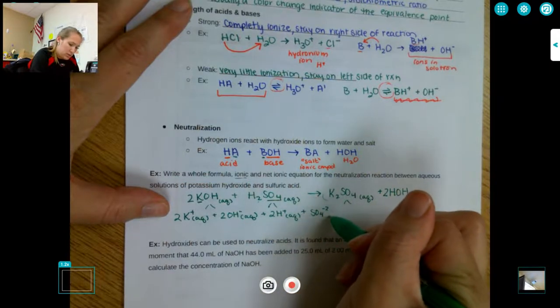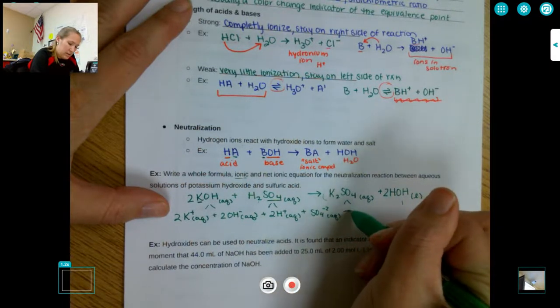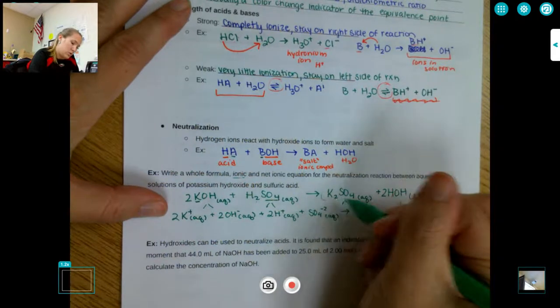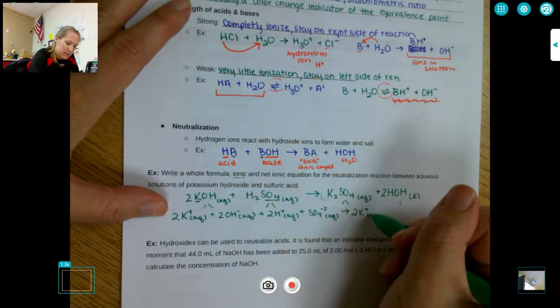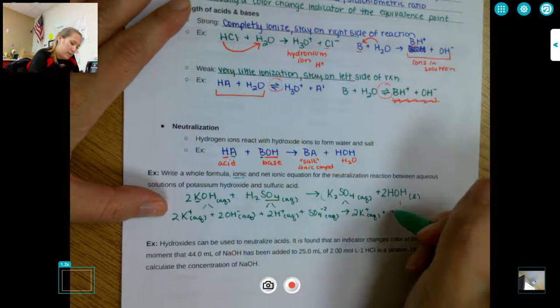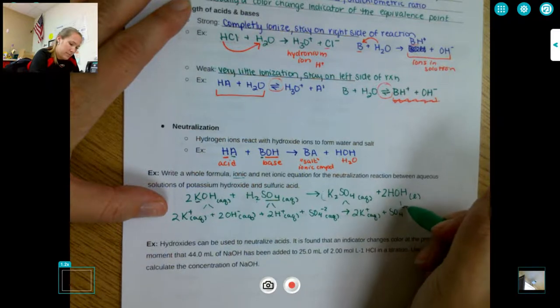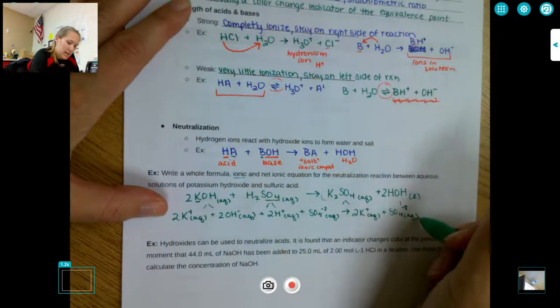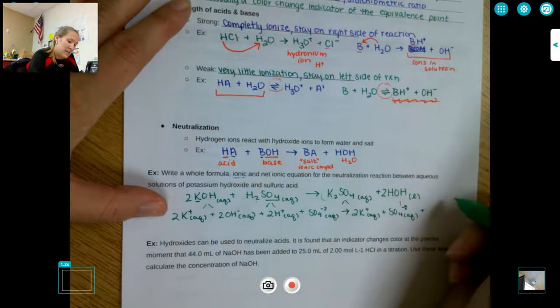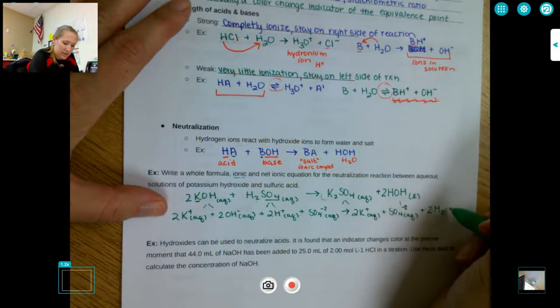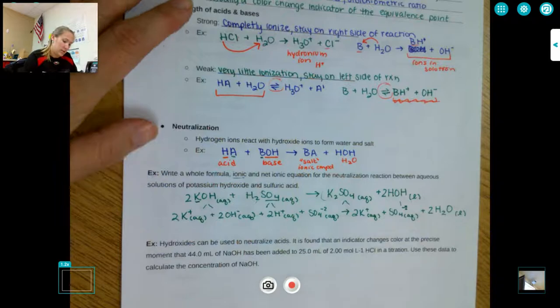Sulfate's -2, aqueous. And my products, 2 potassium ions plus my sulfate ion, 2. And water, not aqueous, so it stays as water. I'm going to write it as H2O because that's water.